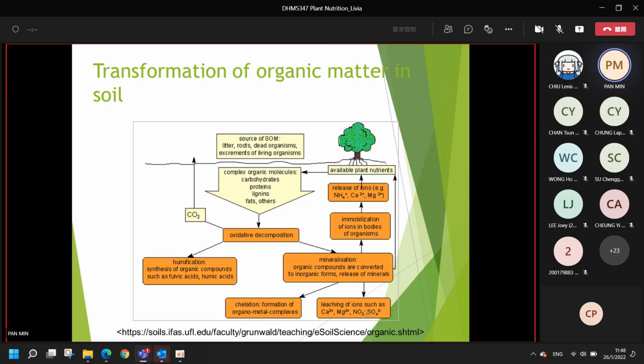And it will have oxidative decomposition, including humification and mineralization we mentioned later, that can convert it into inorganic forms that can be used by the roots of the plants, the available plant nutrients, and also these ions can be leached out, and also there is chelation.